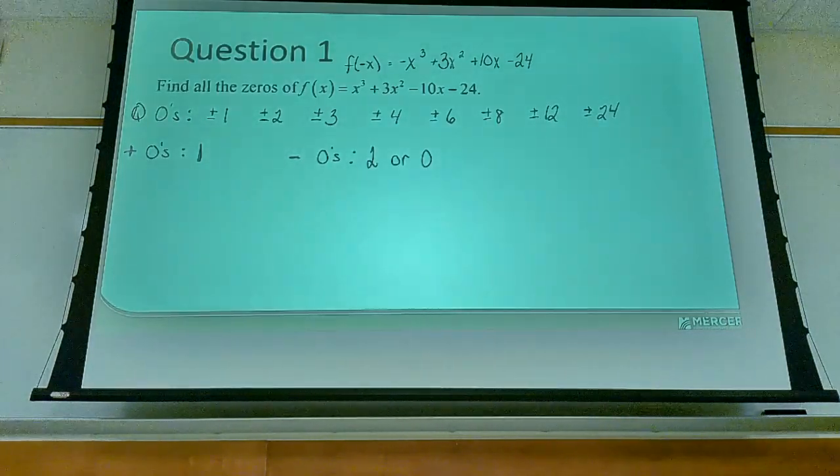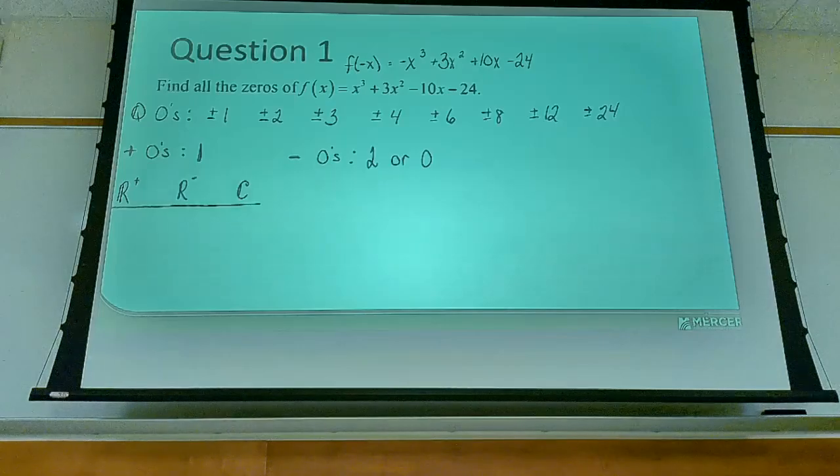Now use all of this along with the fundamental theorem of algebra to list out our possibilities. I'm going to make a table. Positive reals, negative reals, and complex.